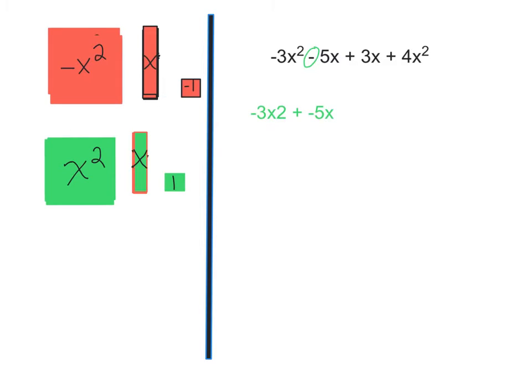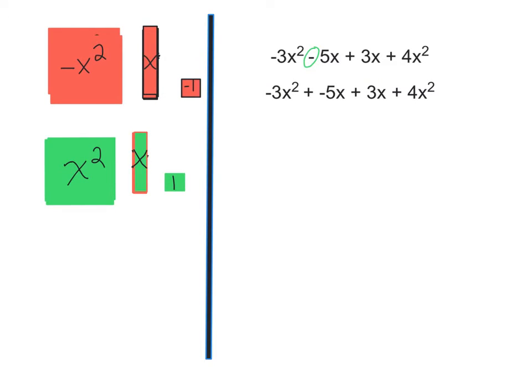And we're going to just copy down the rest. So plus 3x plus 4x squared. I am going to change that color because that seems better, easier to see.